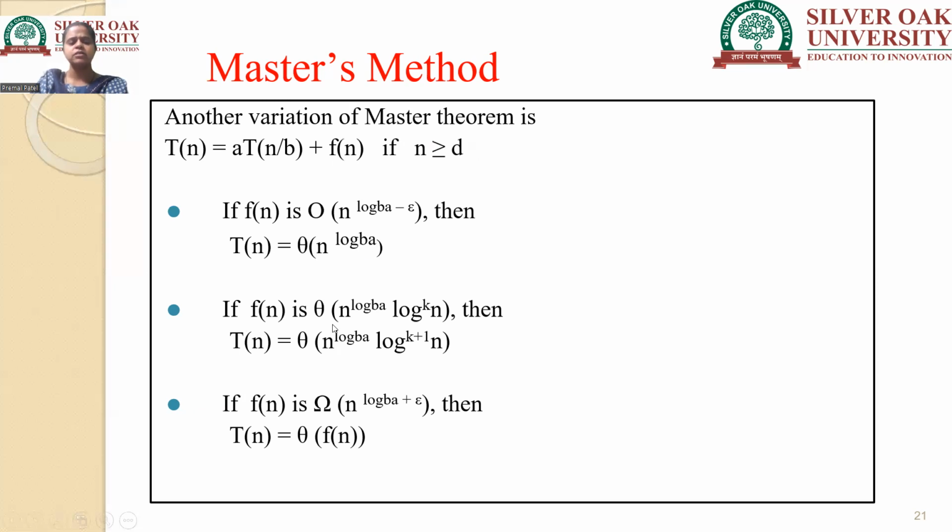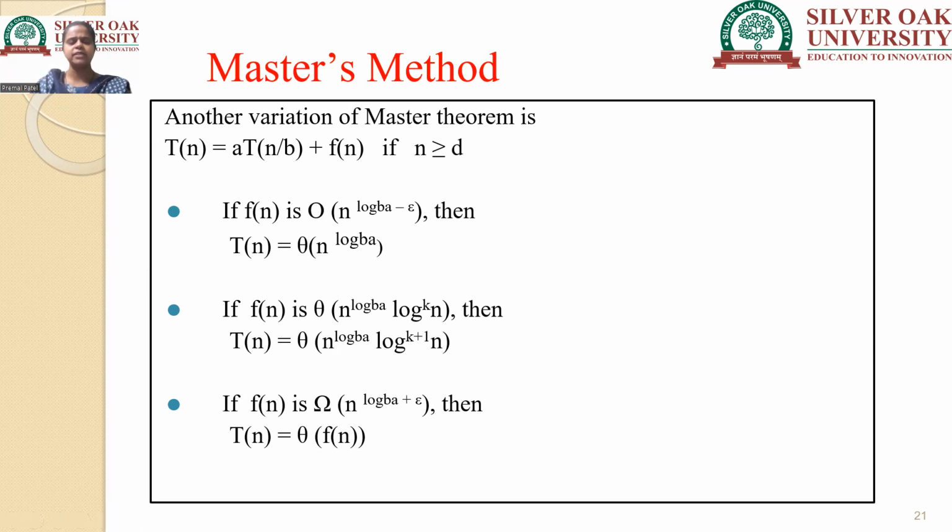If f of n is theta of n raised to log a base b times log n raised to k, then T of n is equal to theta of n raised to log a base b times log n raised to k plus 1. And the last one is, if f of n is omega of n raised to log a base b plus epsilon, then T of n is equal to theta of f of n.